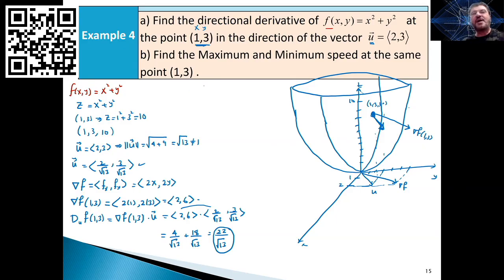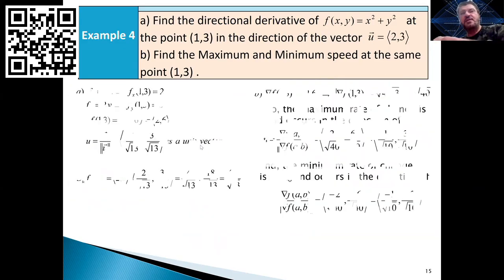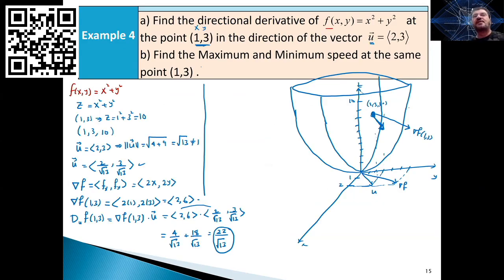Okay. Now the other part of the question asks what would be the maximum and minimum speed. Let's do part B now. Let's talk about the maximum speed.